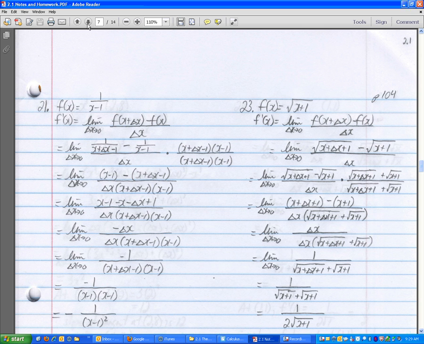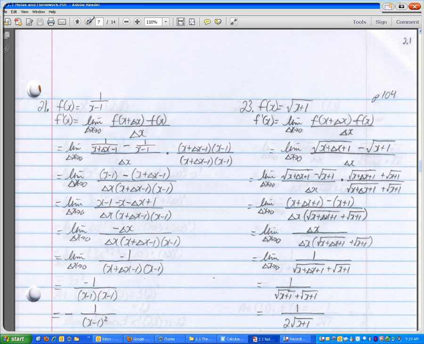All right, so first hurdle, we've got to get f of x plus delta x written in there correctly. So you go back to the function, and every time you see x, you replace it with x plus delta x. So instead of 1 over x minus 1, replace the x with x plus delta x.